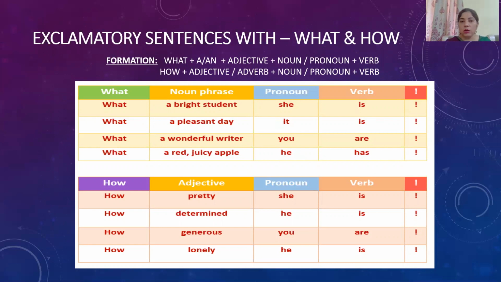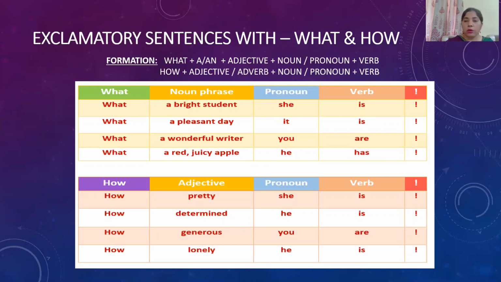Similarly with how, we use an adjective or an adverb, then the noun or a pronoun, and ending again with the verb. For example, what a bright student she is. What a pleasant day it is. What a wonderful writer you are. What a red juicy apple he has.